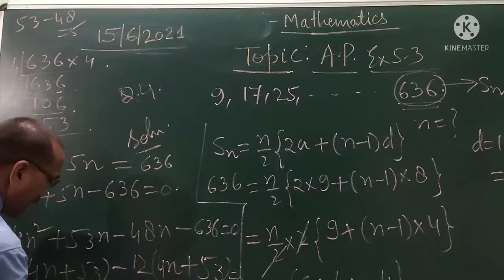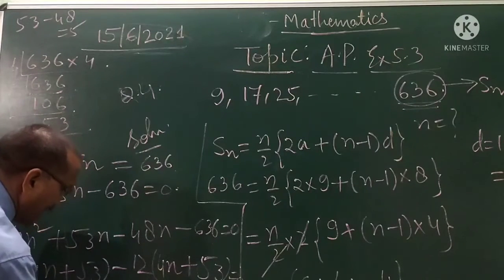So from this we will get n minus 12 equal to 0 and n equal to 12.